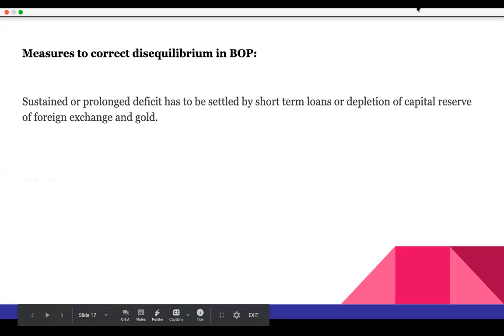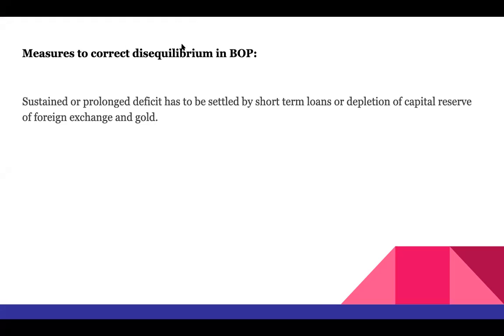Now, what are the measures? These were the major causes of disequilibrium, inflow not equal to outflow, surplus or deficit. Most often in countries like India, other emerging countries, there is a deficit where outflow is more than inflow.